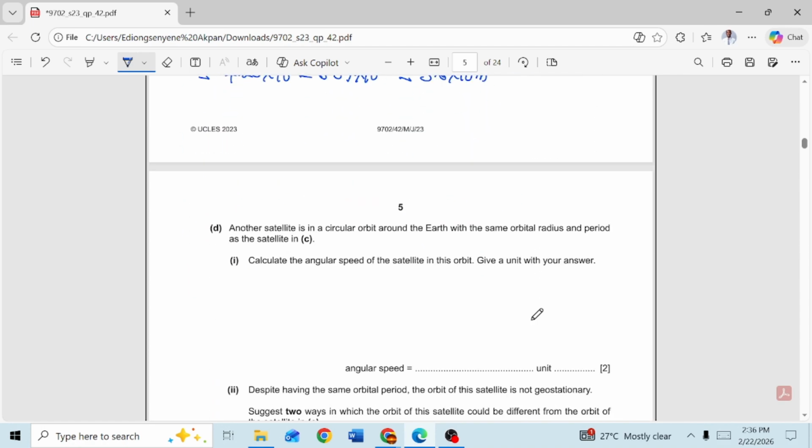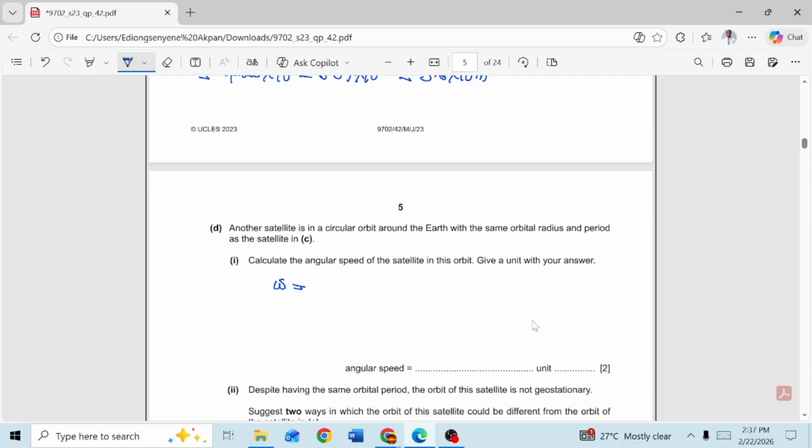Another satellite is in a circular orbit around the Earth with the same orbital radius and period as the satellite in C. Calculate the angular speed of the satellite in this orbit. Give a unit with your answer.